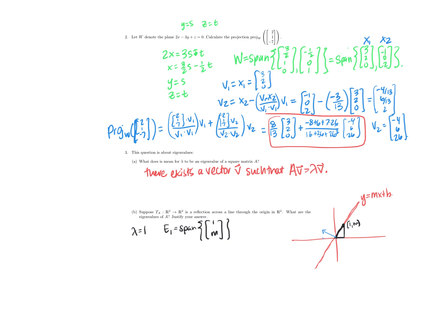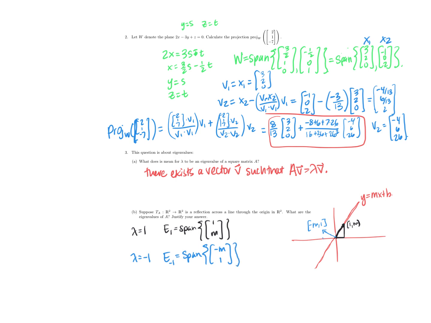So this is going to be the vector negative m, 1. If we go in that direction, then it's going to flip the point. So it's going to be lambda equals minus 1, because it's going to change that vector to the negative of that vector. And the eigenspace associated with negative 1 is the span of negative m comma 1.